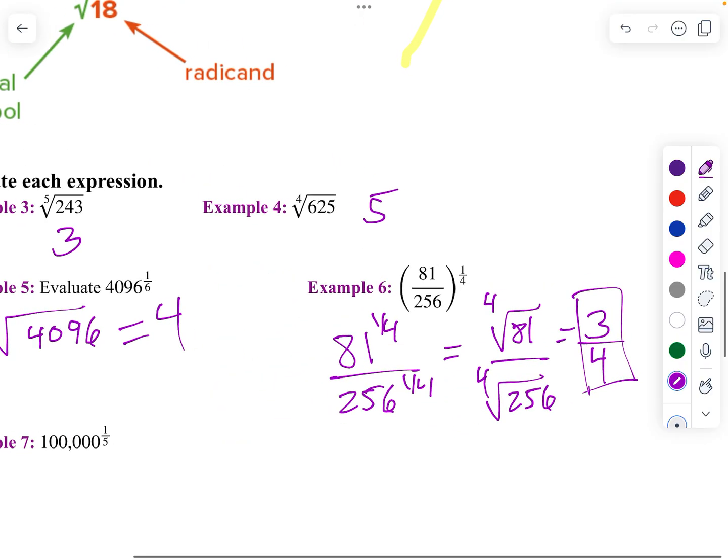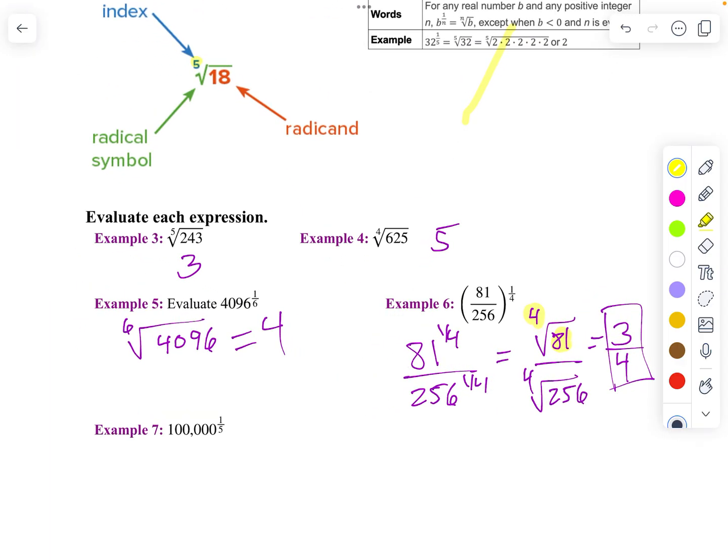You should probably memorize the 4th root of 81 and the cube root of 27, because those show up a lot. The cube root of 27 is 3. And the cube root of 64 is 4. That shows up a lot.